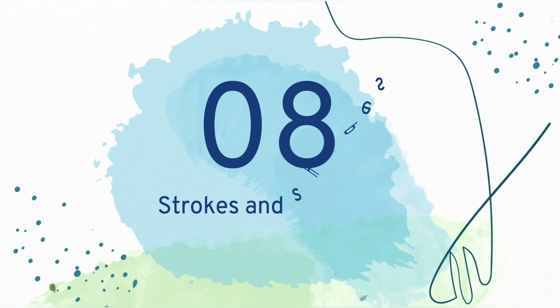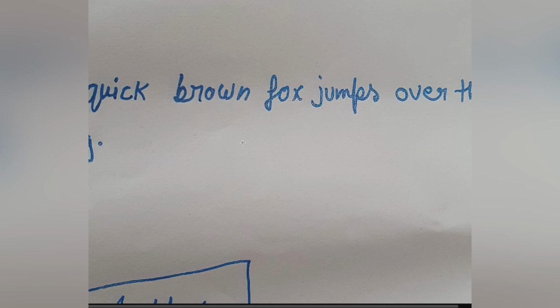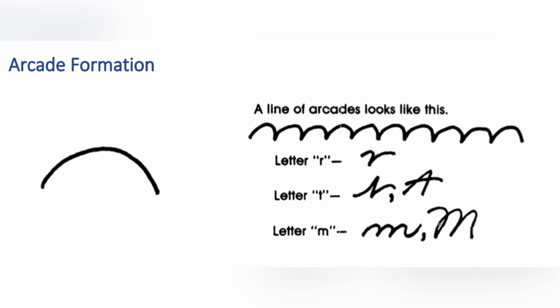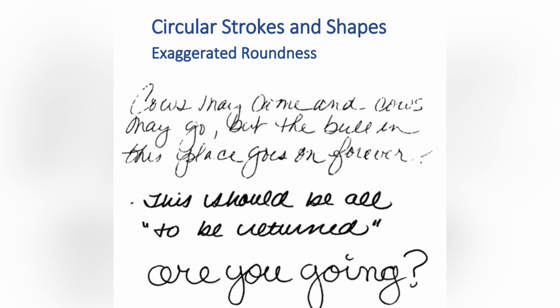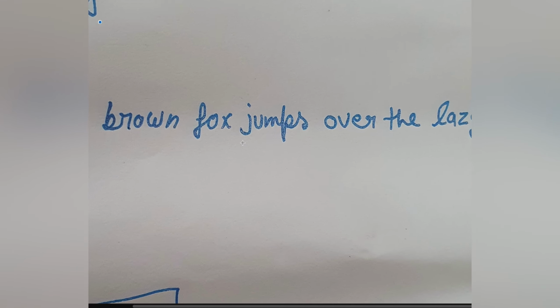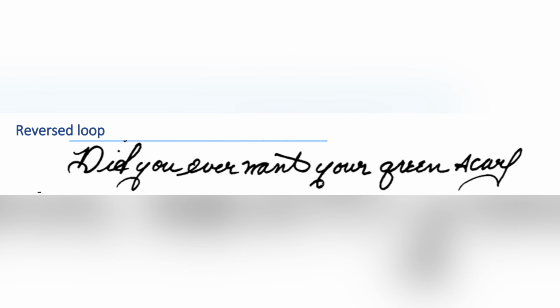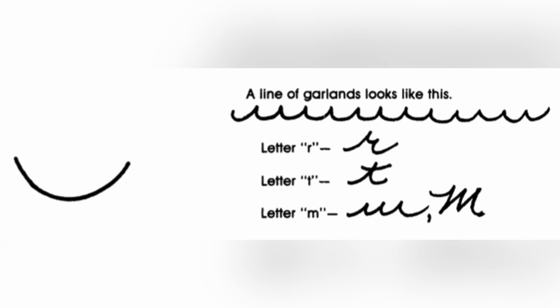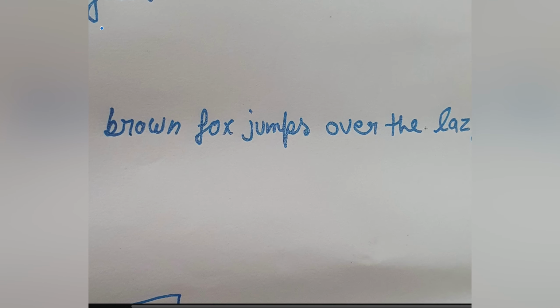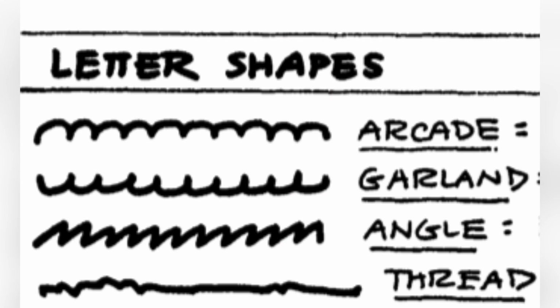A very important part to analyze in any handwriting sample is strokes and shapes. Now these come in different types like garland, arcade, angled, triangle, cross, and more. Not too many actually, but there can be combinations like a combination of arcade and garland, a combination of angled with arcade, irregular, and many more.